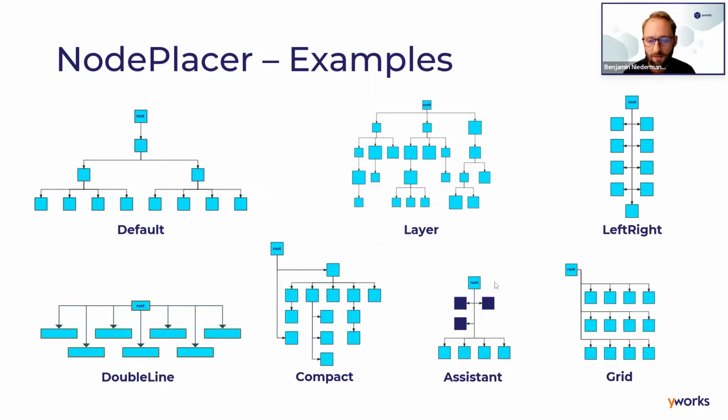And then there's also the assistant node placer, which is very similar to the left-right node placer, but here the idea is that we can define 2 types of nodes. The dark blue nodes are placed along this main axis, and the other, lighter blue nodes are placed on a horizontal line. And finally, there's also a grid node placer that just places the subtrees of the root node on a grid.